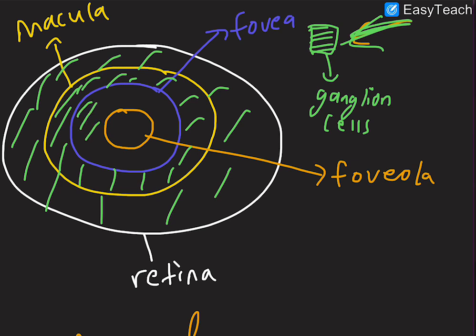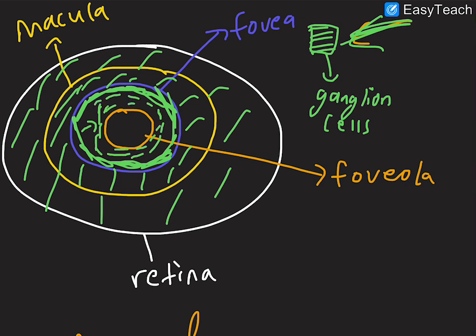But what happens is, when you go from your fovea to your foveola, we have a lot of retinal ganglion cells on the outer part of the fovea. Then as you go more towards the foveola, you start having less and less ganglion cells, until you get to the foveola, which basically has no ganglion cells, because you want light to directly hit the cones, okay?